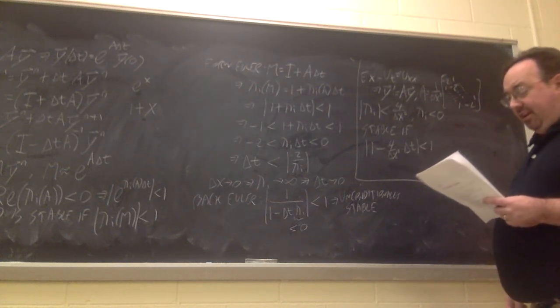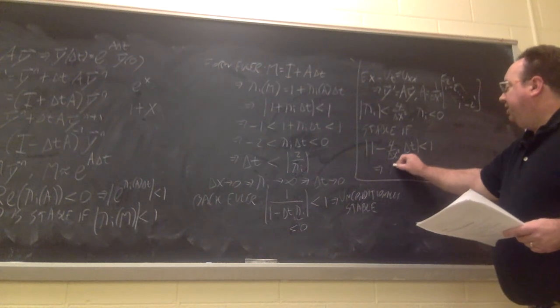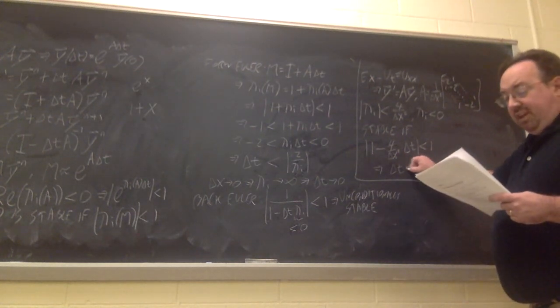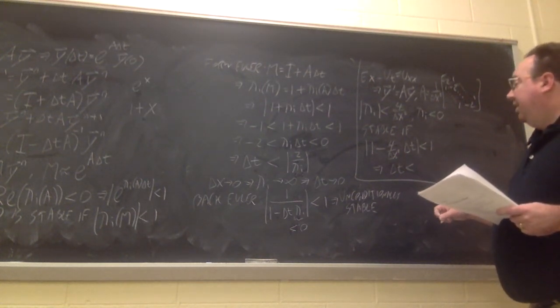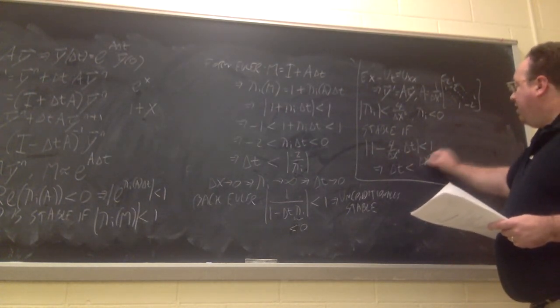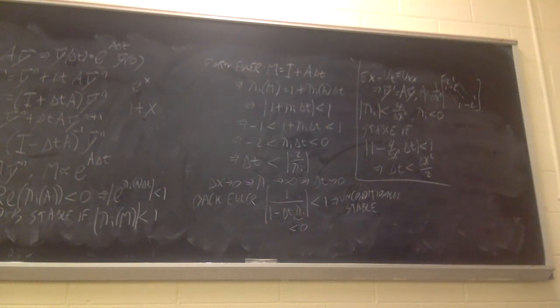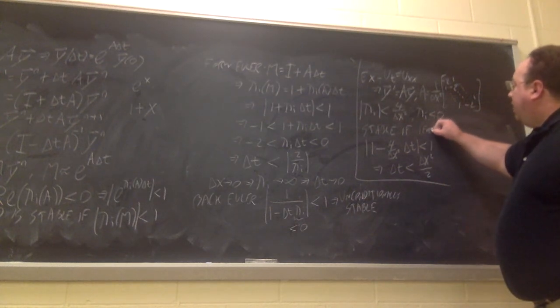But based on this inequality here, that would mean that delta t must be less than 2 over this, so delta x squared over 2. So I should say this applies to forward Euler.